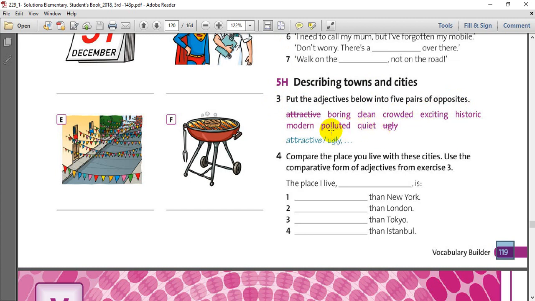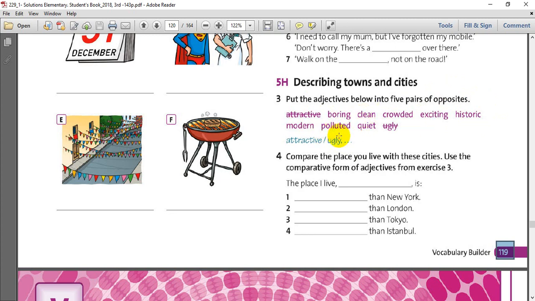We have number 3. Here we have attractive, ugly. Boring, exciting. Polluted and clean.